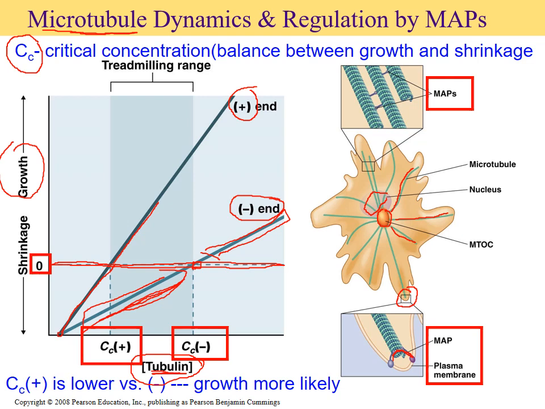We can also utilize the MAPs as connectors from one tubulin to the next as it's distributed. So it's a fantastic way to stabilize the microtubule in place and allow it to have interaction between the plasma membrane and itself.